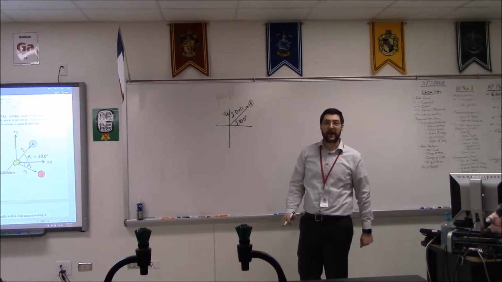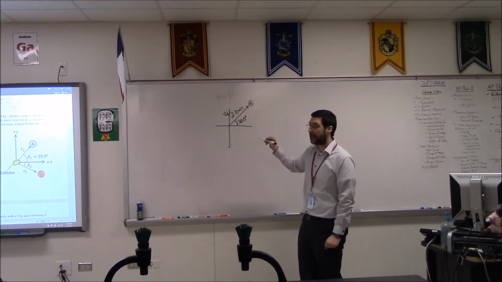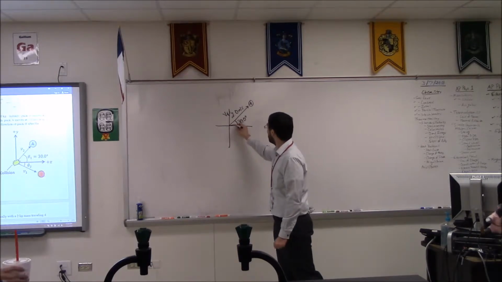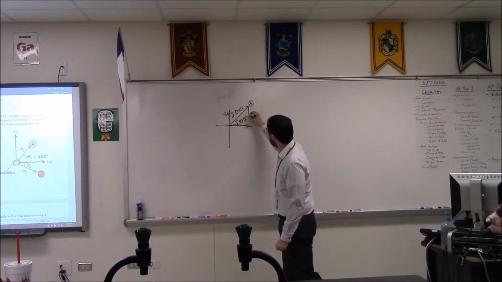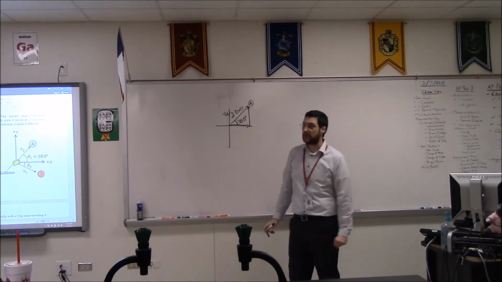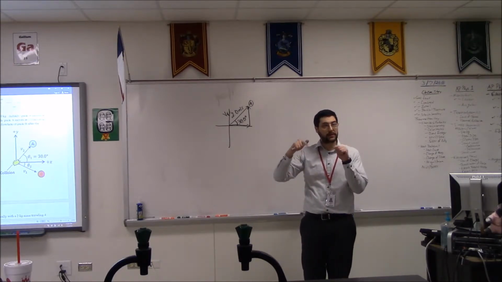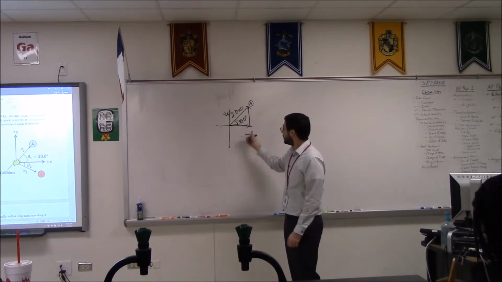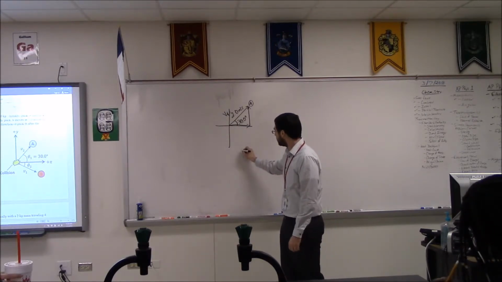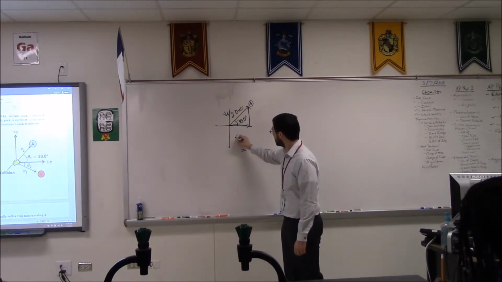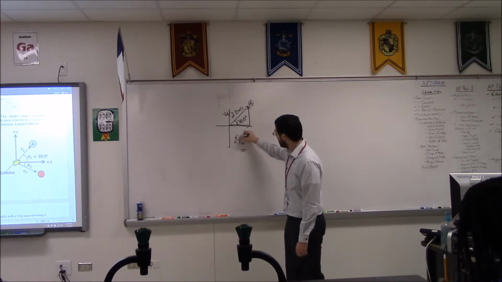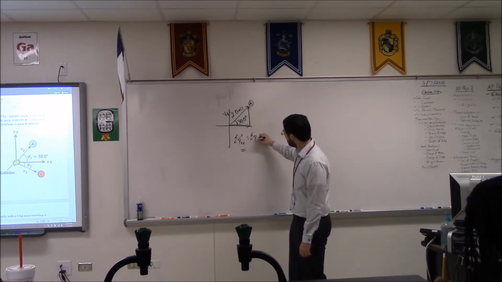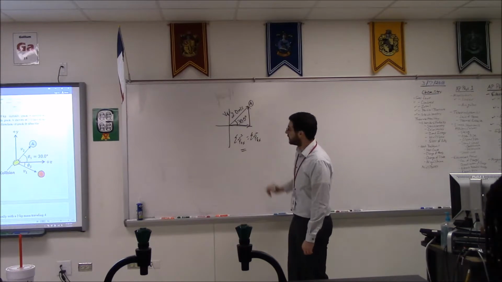That means that the final velocity of puck A is going to have an x component and a y component. So, when you do your conservation of momentum in the x-axis, momentum initial x equals momentum final x.